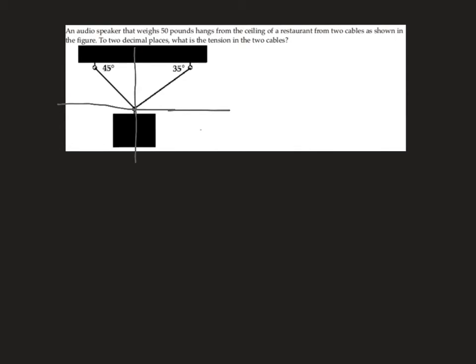You have three forces. You've got the force of this cable, the force of this cable, and then, in green, the force of the weight of the speaker.